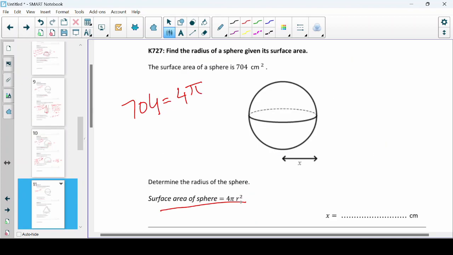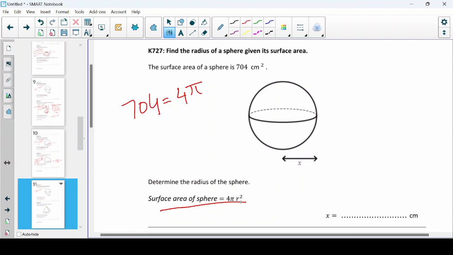The next one is basically the x squared. For x, we can find it in the same way: 704 divided by 4 pi, and take the root. In this question, the diameter has been given to us and we have to calculate the surface area. If the whole is 30, the radius is 15, and this length has been given to us.